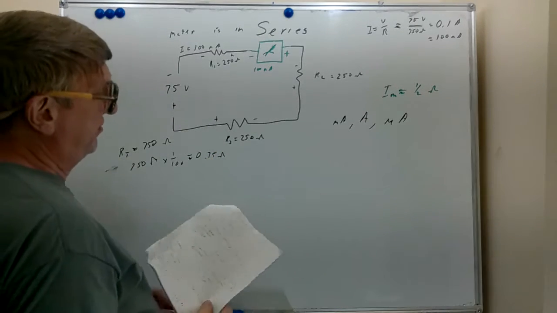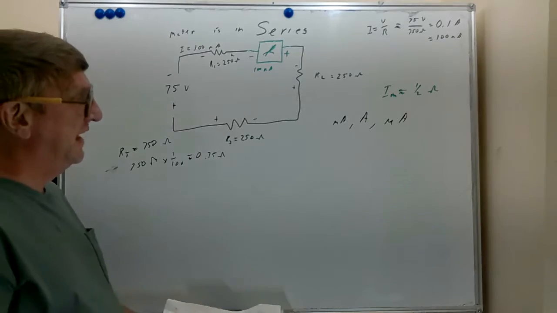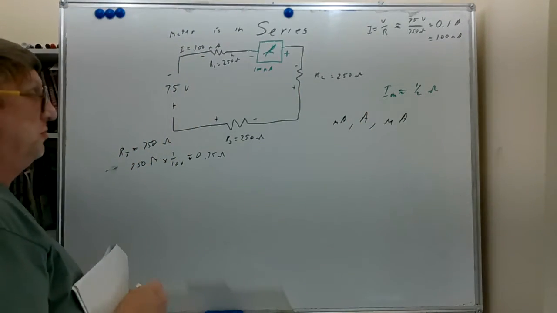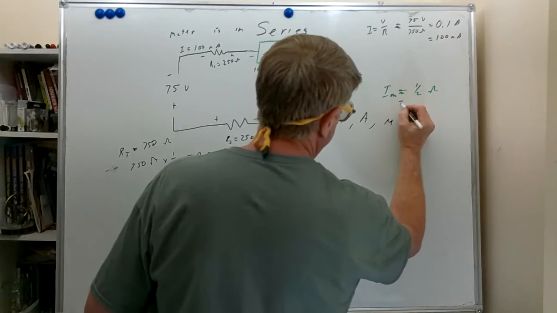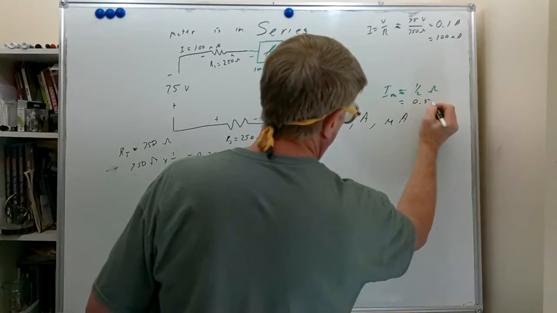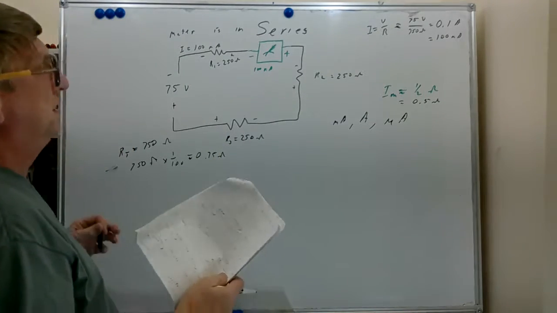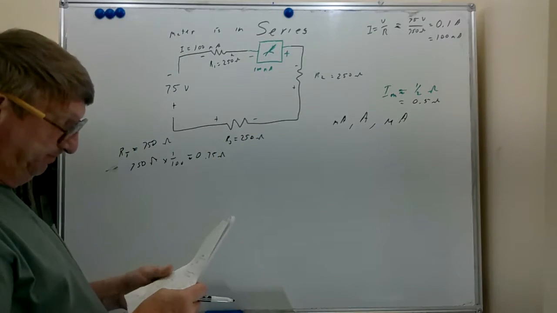Based on the typical values we looked at, we're guessing that our 100 milliamp meter has about a half an ohm, or maybe even less, which is 0.5 ohms, which is definitely less than that. So it's a suitable meter for this job.